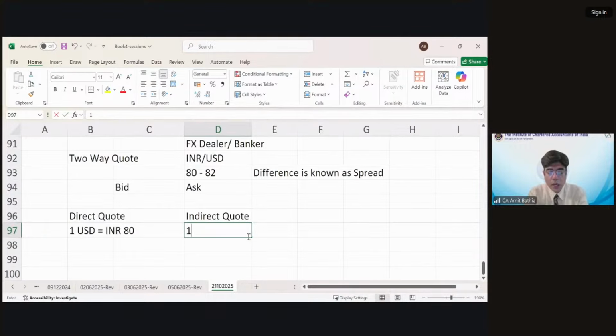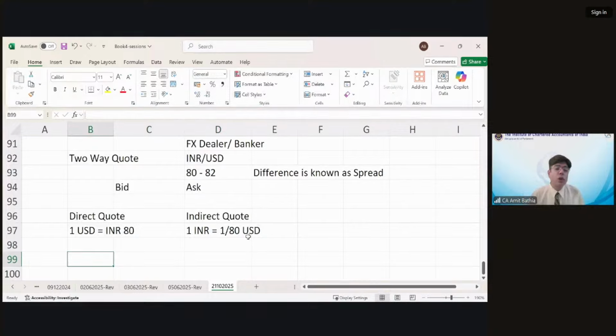So 1 INR will be equal to how much? It will be 1 upon 80 USD. Am I right? Right? This is called indirect quote. It is $1 upon 80, right?